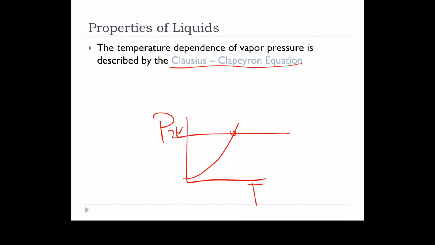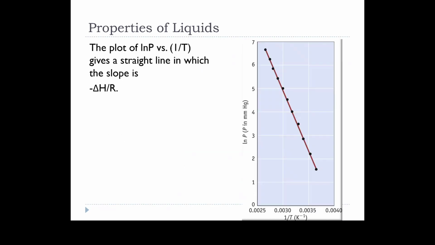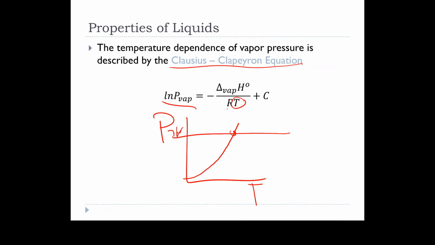If we were to take this information and we were to plot natural log of pressure versus 1 over temperature, the slope of that line would give us the enthalpy of the vaporization. The slope of this line right here is actually minus delta H over R, because that's in the equation here, right?